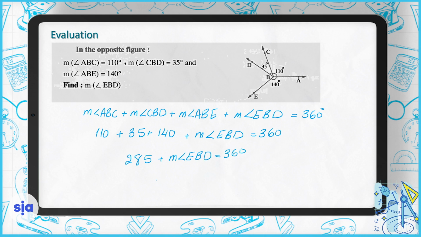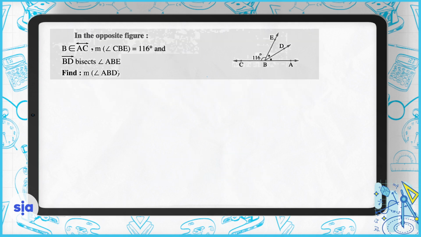Then the measure of angle EBD is 360 minus 285, which is 75 degrees.